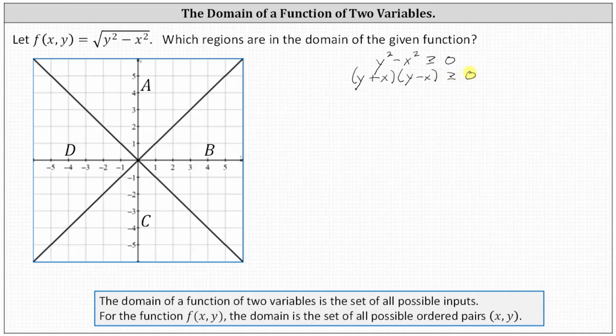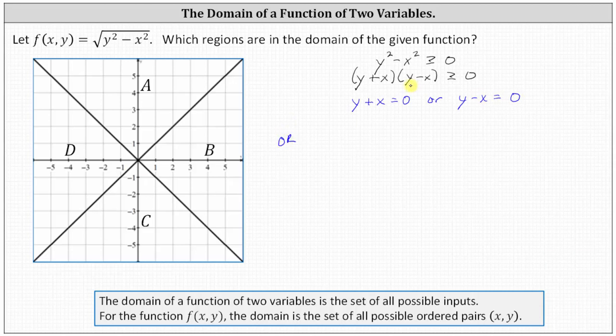Let's consider 3 cases. First, if the product on the left is equal to 0, the inequality would be satisfied, which indicates y plus x equals 0, or y minus x equals 0, and the inequality would be satisfied. And then we have or.